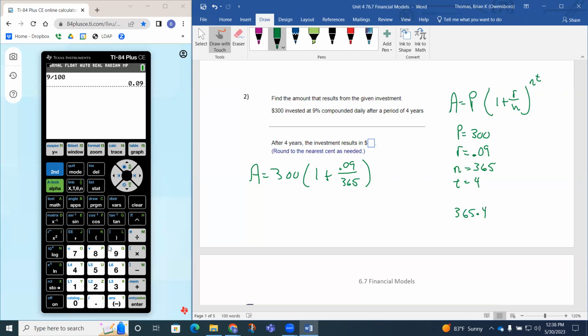So NT, 365 times 4, is going to be 1460. So if I put that into the calculator, we have 300, and then in parentheses, 1 plus 0.09 divided by the 365. And then that's going to be raised to the 1460.